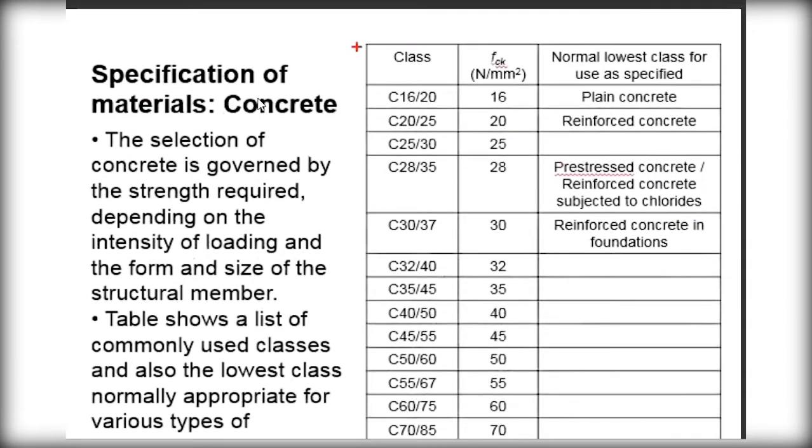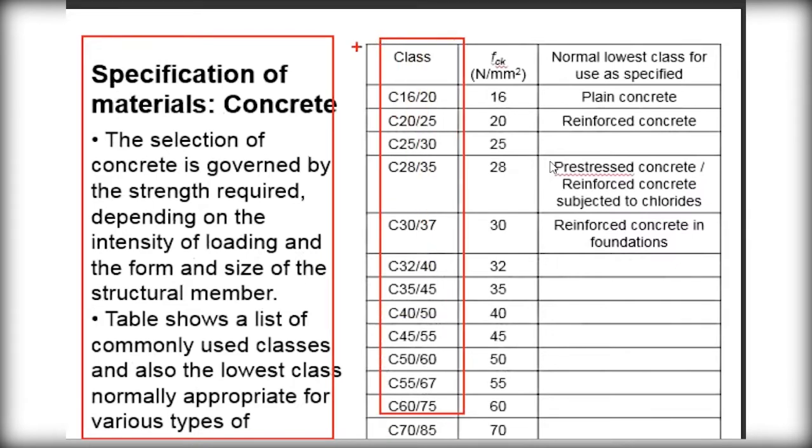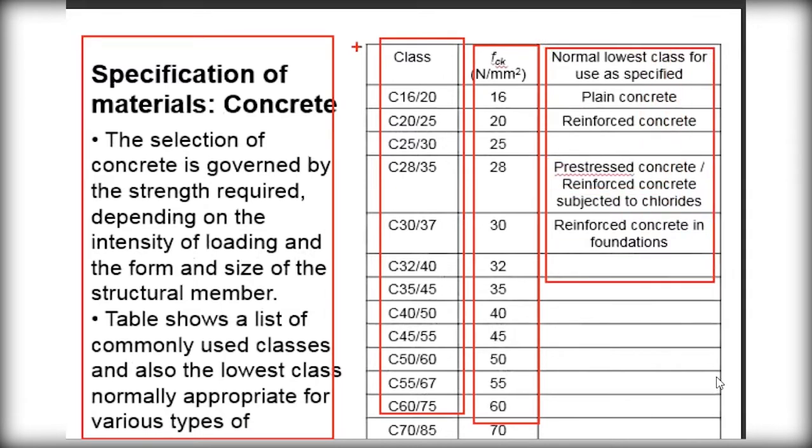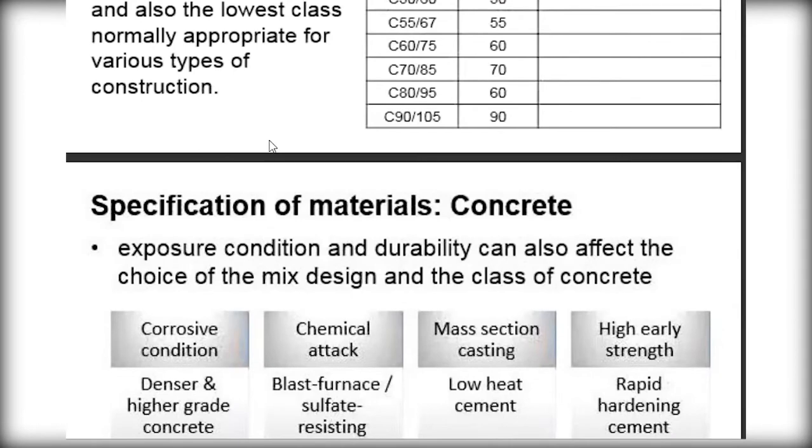You can have good knowledge regarding the specification of the concrete, depending on the class and the characteristic strength and the nature of the concrete, whether it is plain or reinforced or pre-stressed concrete. So pass through that one. You can gain the specification, how it appears.